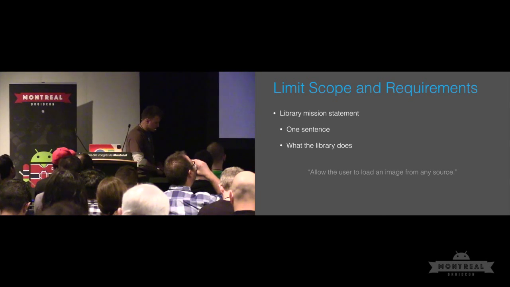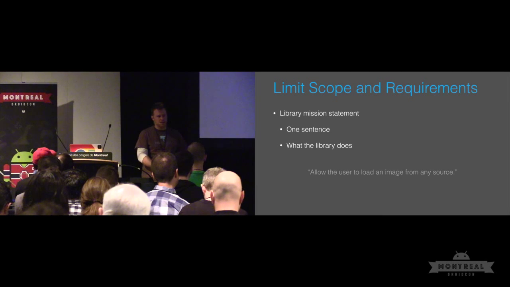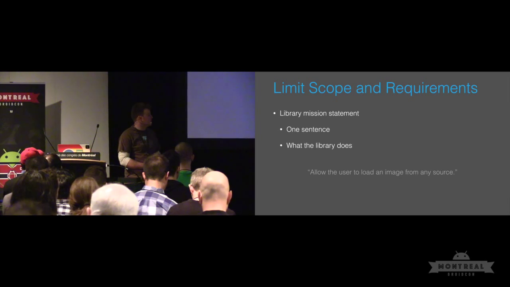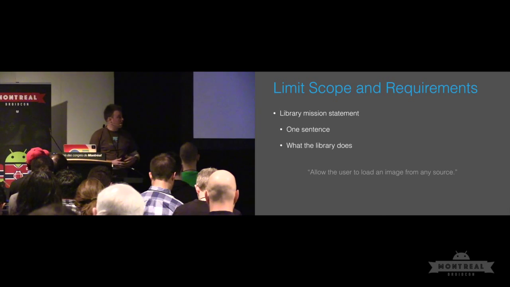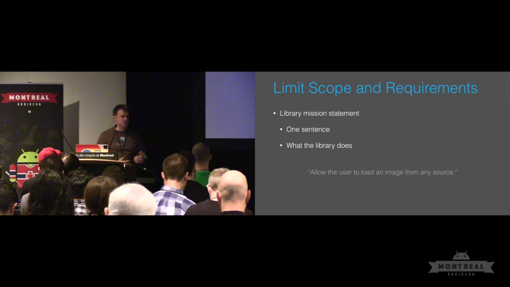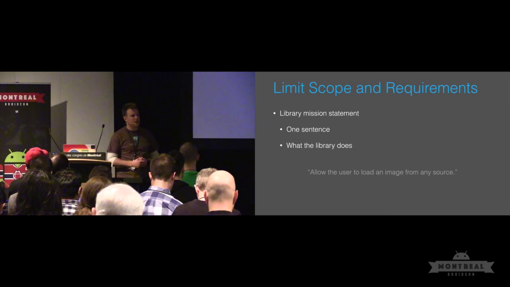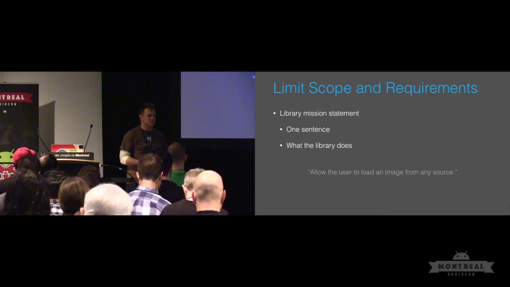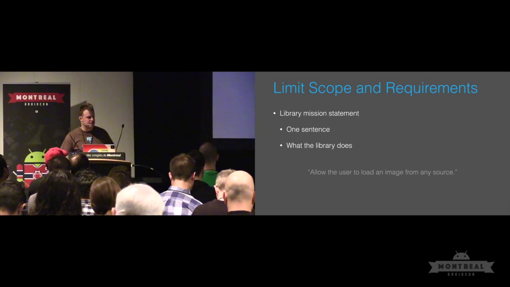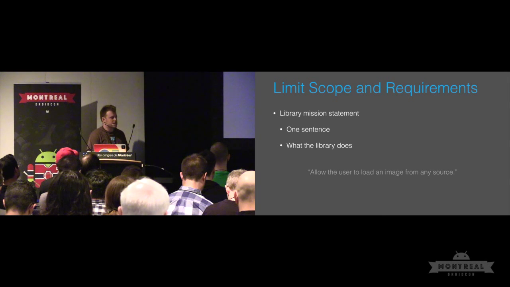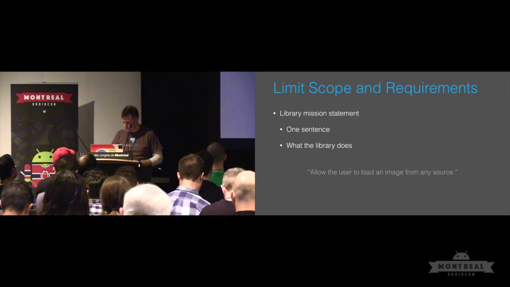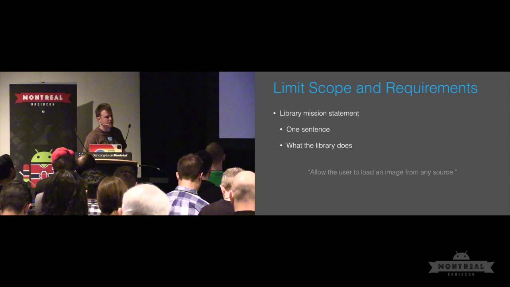It could be coming from the photo gallery on the device. It could be a file stored randomly somewhere else on the device. In this case, we need to let users load images from anywhere. That could be a stream coming from the camera, right? So this simple sentence explains very concisely what the library needs to do, but that covers a lot of complexity. And we'll get into a little bit more of that in a little bit.